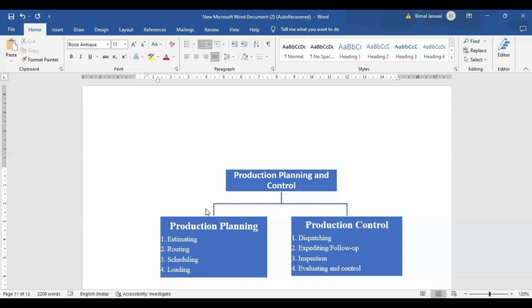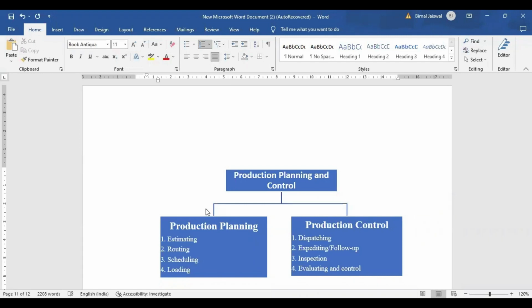So production planning is an essential activity which has to be taken up by the production manager. That is why we say the production manager should have an educational qualification in engineering. He should be a BTech or MTech, but along with that, he should also be an MBA, so that the various principles and functions of management can easily be applied by him.